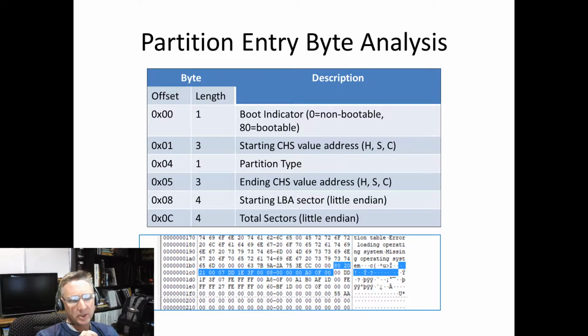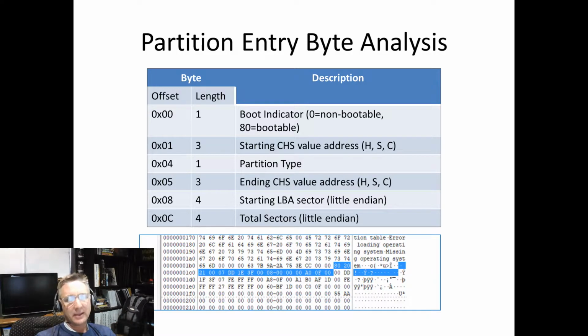The next byte in the entry, byte number 04, so it's the 5th byte, is the partition type. It's just 1 byte long. There's a code that tells us what partition type it is. And then the next 3 bytes are the ending CHS value, so the last sector of the partition in CHS.